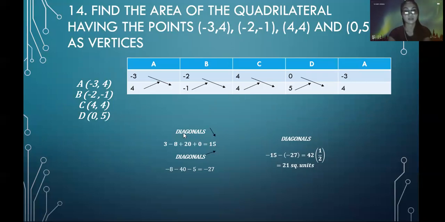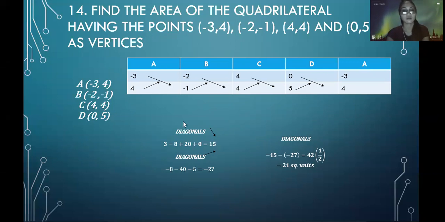So the diagonal going downward, here, negative 3 times negative 1 is positive 3, negative 2 times positive 4 is negative 8, then 4 times 5 is positive 20, 0 times 4 is 0. So 3 minus 8 plus 20 plus 0 is equal to 15.